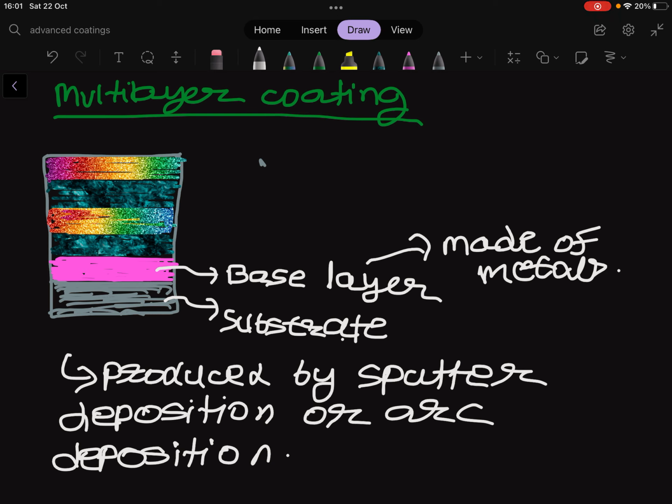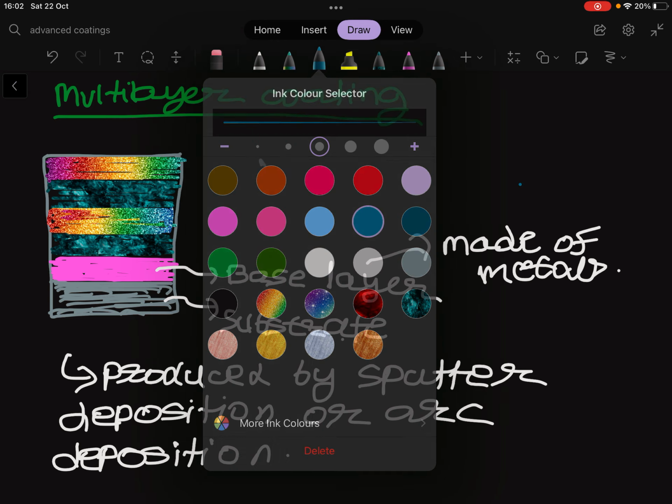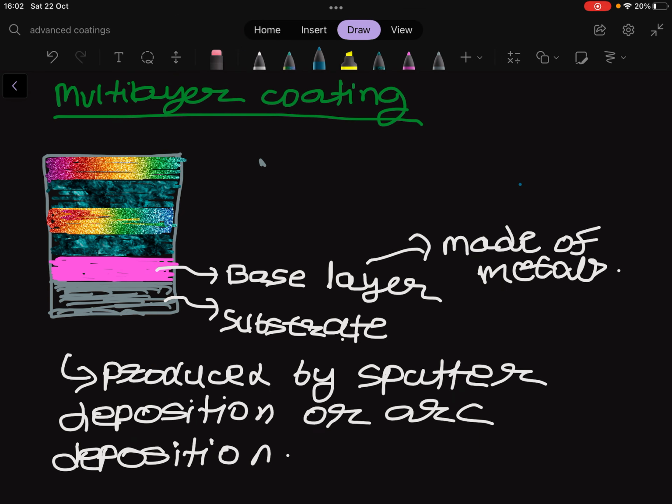So we have a chamber configuration represented by, suppose, let me sketch. So we have an arc chamber, something like this fashion.